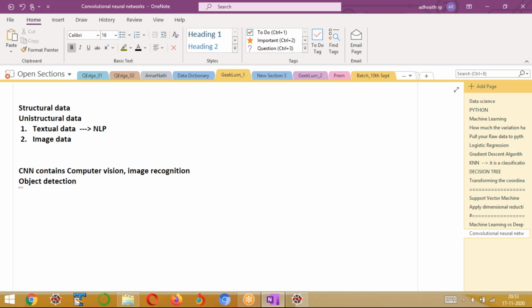If you see examples like a self-driving car, how can a car be driven by itself? That is the question first. That means a program is running inside the car. Now the program will auto start its engine and it will start working.